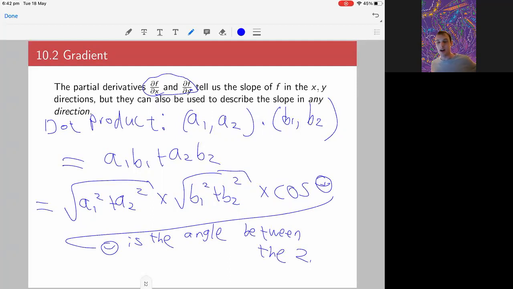So I think this answers your question because, of course, this is exactly equal to the absolute value of A, and this is equal to the absolute value of B.